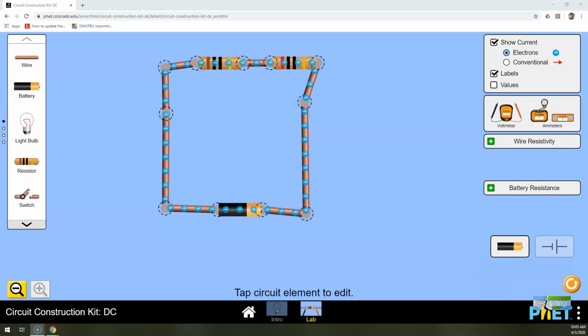So, we now know Req, 6.67 ohms. We now know I total, 4.5 amps, and we know V total is 30 volts. What can we do with this information?